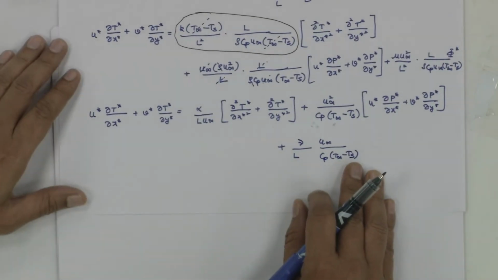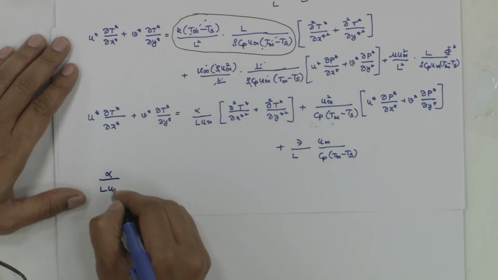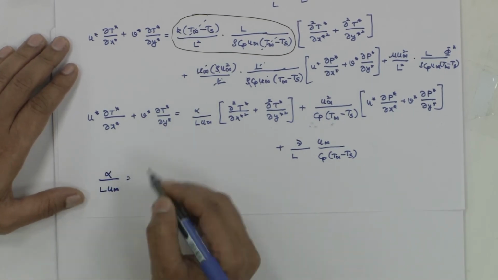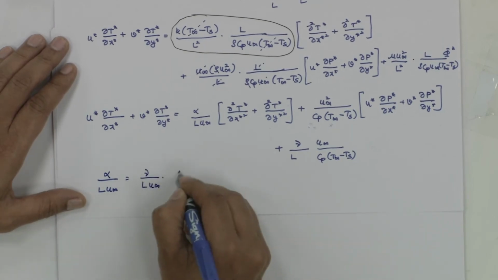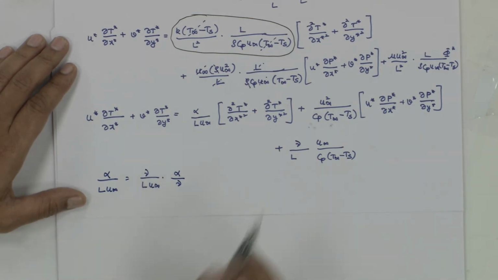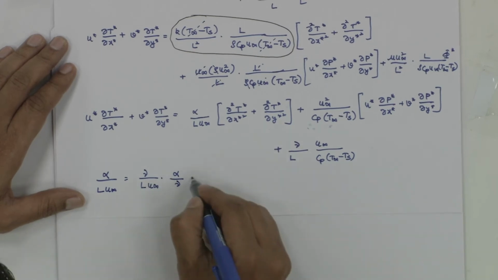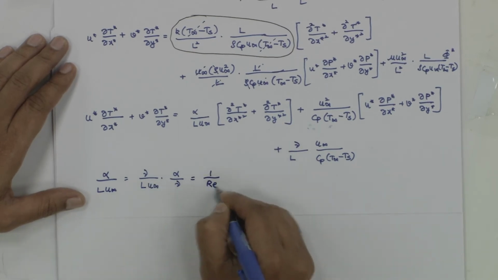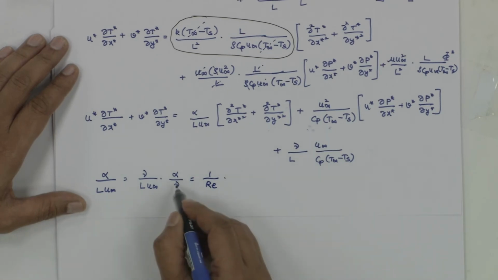Now let me write alpha by L u infinity as nu upon L u infinity into alpha by nu. What did I do? I multiplied and divided by nu. So what is this, u infinity L by nu? That is nothing but my Re, so 1 by Re, and nu by alpha is the Prandtl number.